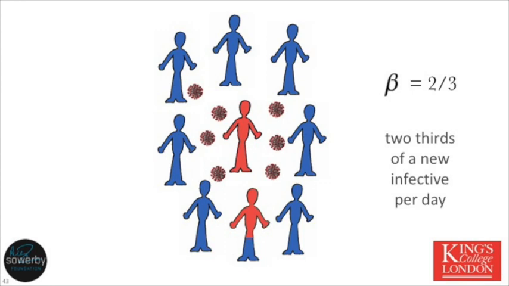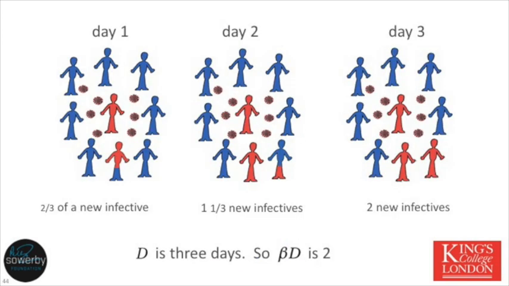So each day our single infective infects, on average, 2/3 of a person, so to speak. And imagine that they are infectious for 3 days. By the end of their infectious period, they will have infected 2 people. So this is a good way to understand R0. It's the number of new infections brought about, on average, by a single infective before they recover.